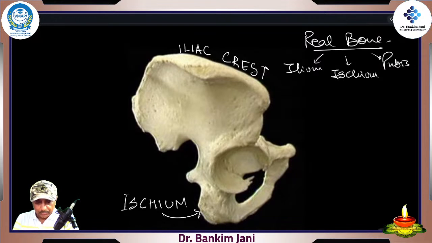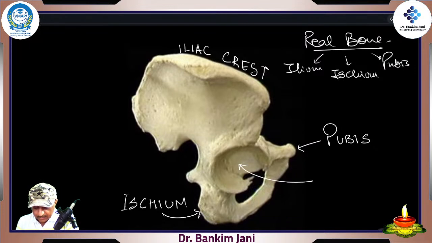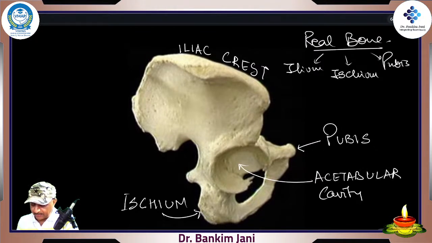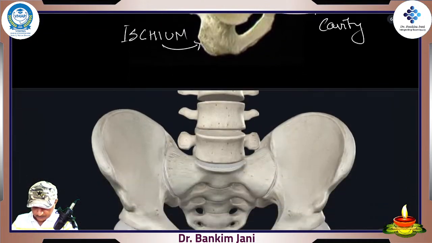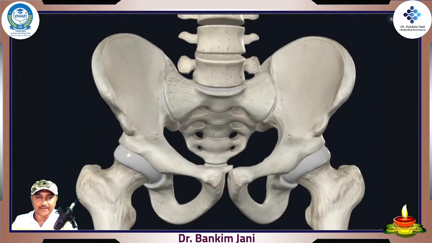So ilium, ischium, and the pubis. Pubis is in front, right? See, this is acetabulum or the acetabular cavity, and it is in this cavity the head of the femur would really fit. This will give you much better reference, much better understanding.